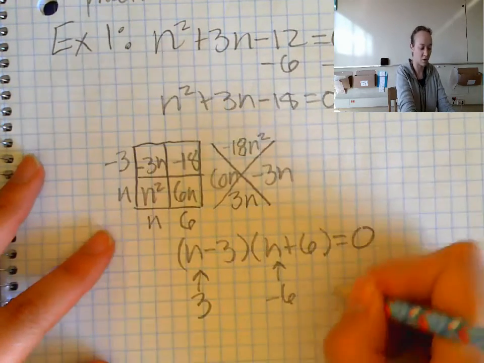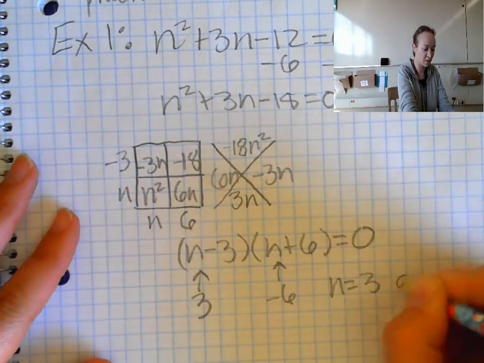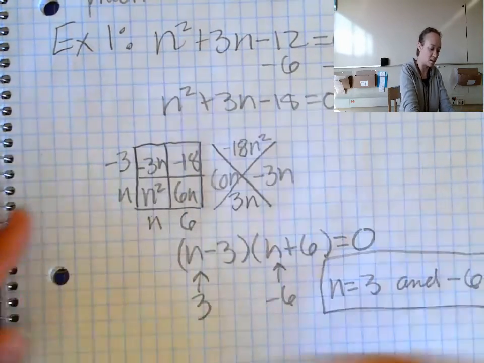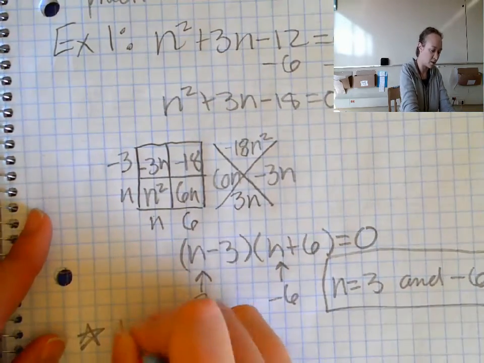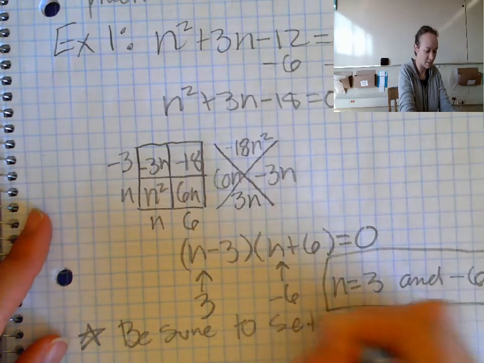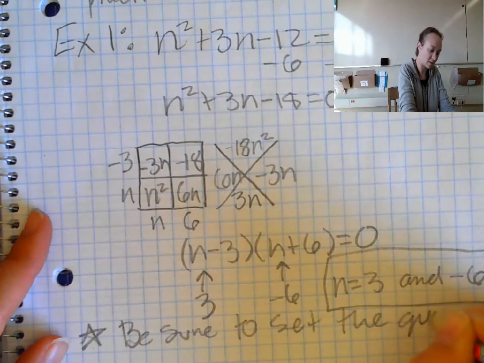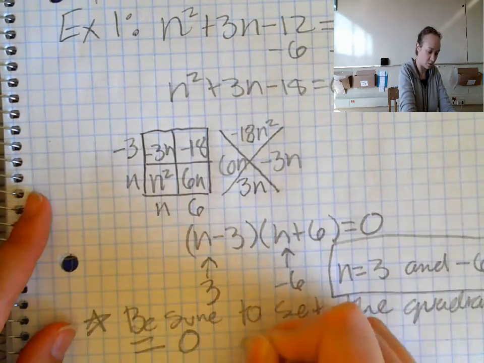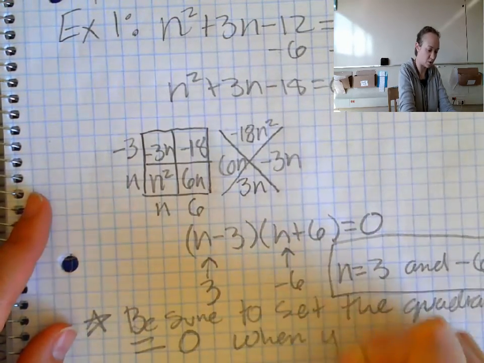So my answers are n equals 3 and negative 6. The lesson here was be sure to set the quadratic equal to 0 when you start.